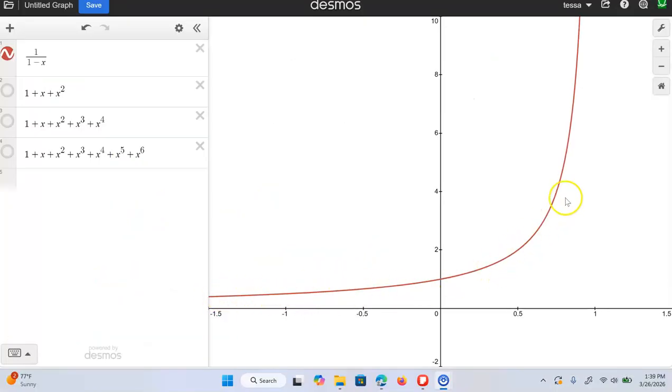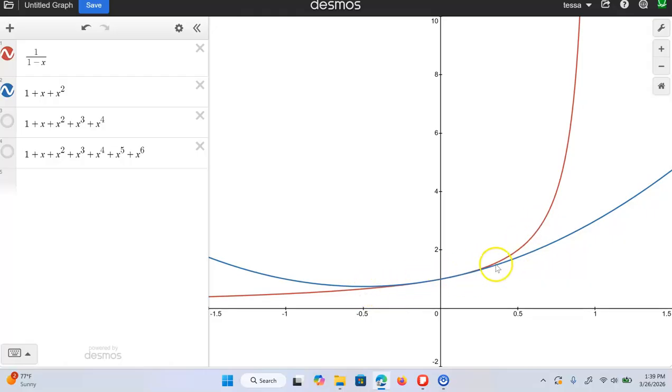So here's my graph, 1 over 1 minus x. It has a vertical asymptote at 1. When I graph that first partial sum, 1 plus x squared, remember, we only cared about what happens between -1 and 1. You see how around 0, that curve really lays on top of that red graph?